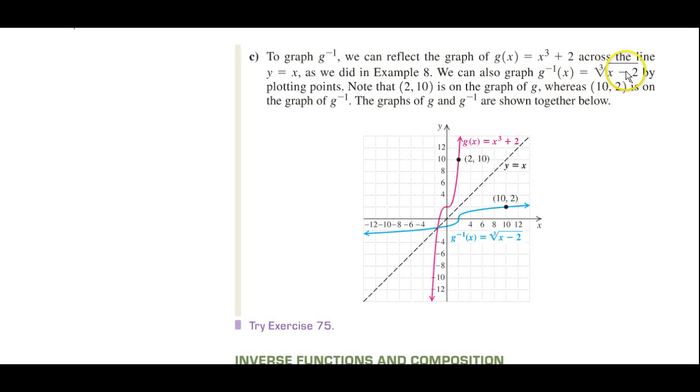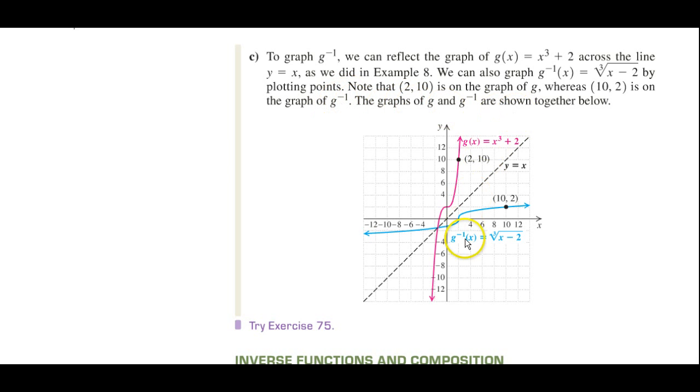We can also graph this by plotting points. Note that (2, 10) is on the graph of g, which is our first one. And then if we reverse the points, (10, 2), that's on the graph of the inverse.